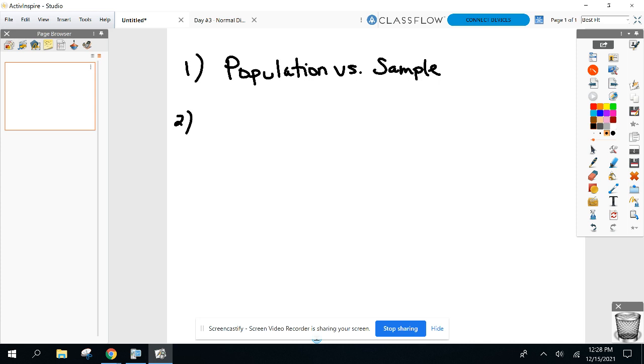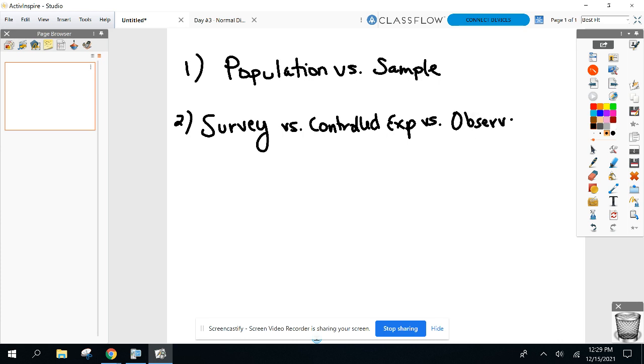Make sure you know the difference between a survey versus a controlled experiment versus an observational study. Again, I'll give you a scenario. What's happening? Is this a survey, a controlled experiment, or an observational study? Or I may give you a scenario and say, what's best?